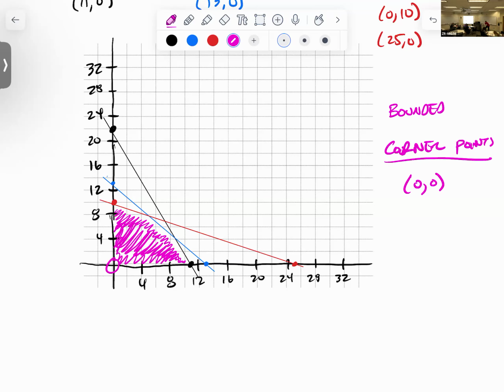Is it the 11, 0, right here? There's one more easy one. 0, 22? All right, so we got, and that was also one of the things by identifying the intercepts initially as well. Oh, look, that helped us with some of our corners.